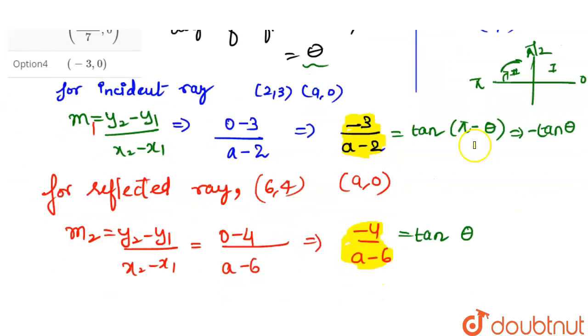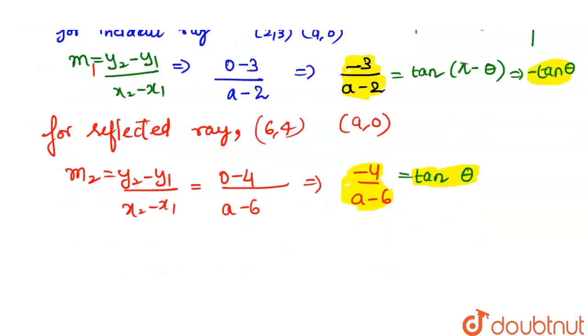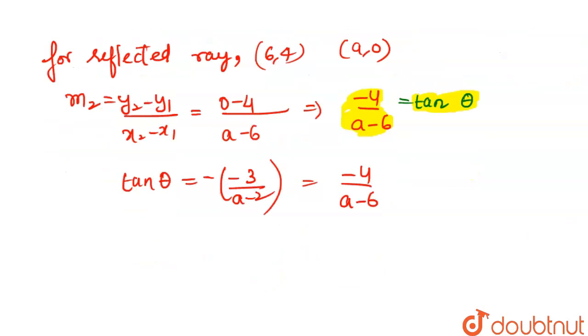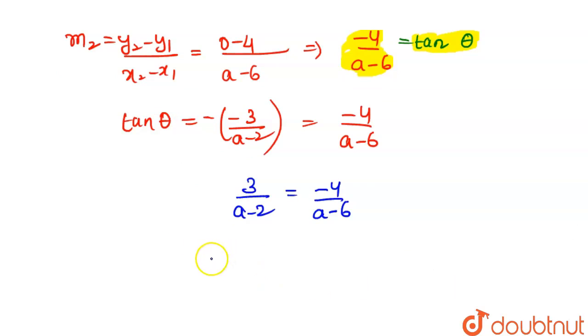Now we know that minus of tan theta is equal to minus 3 upon a minus 2, and tan theta is equal to minus 4 upon a minus 6. So we can equate them. Tan theta equals minus of minus 3 upon a minus 2, which is also equal to tan theta, so minus 4 upon a minus 6. This gives us 3 upon a minus 2 equals minus 4 upon a minus 6, and cross multiplying gives 3 into a minus 6 equals minus 4 into a minus 2.